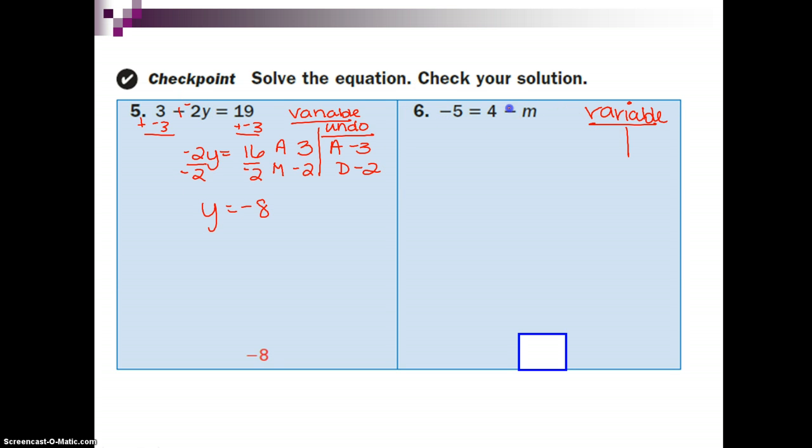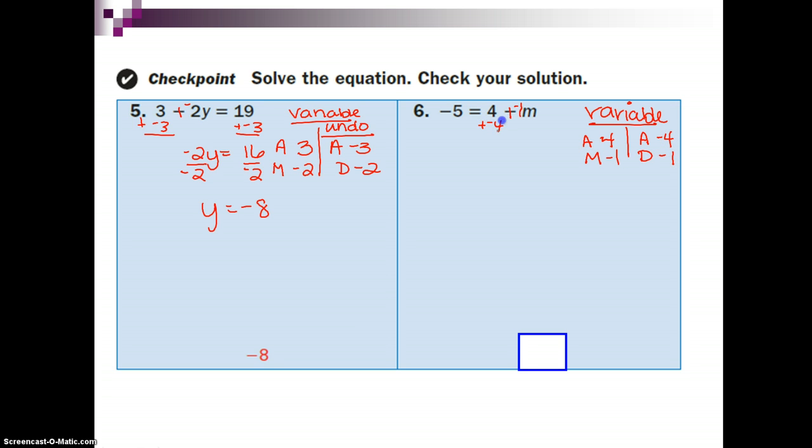For number 6, let's add the negative. Oh, there's no number there. What is the invisible number next to m? You should have said 1, which means that I am adding, well, here's the constant, so I'm adding positive 4, I am multiplying by negative 1. How do you undo that? Add negative 4 and divide by negative 1.